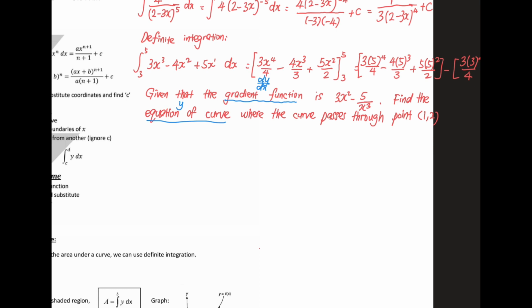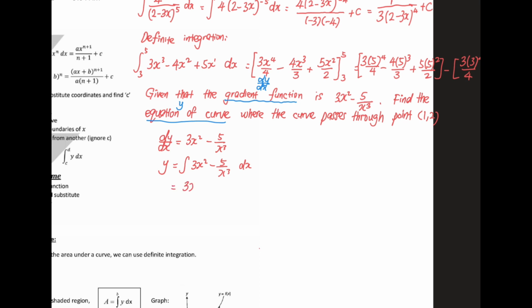We write like this first: dy dx equal to 3x squared minus 5 over x cubed. Then you want to find y, you integrate 3x squared minus 5 over x cubed, you can get y, and that is equation of curve.